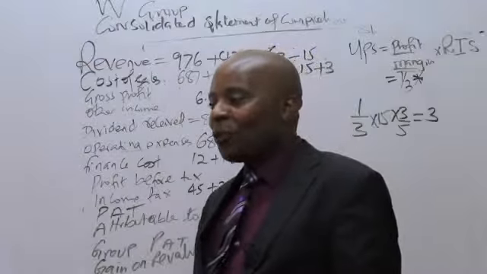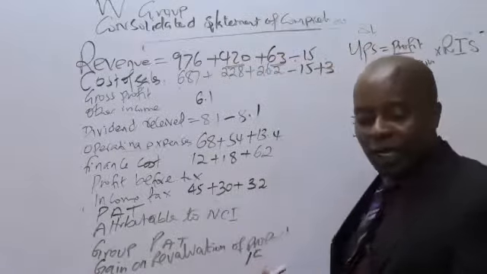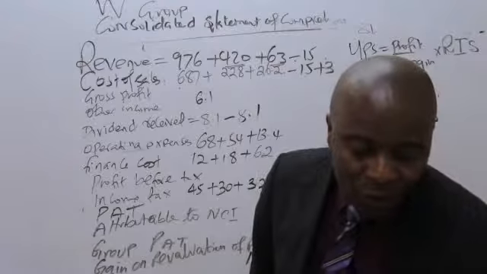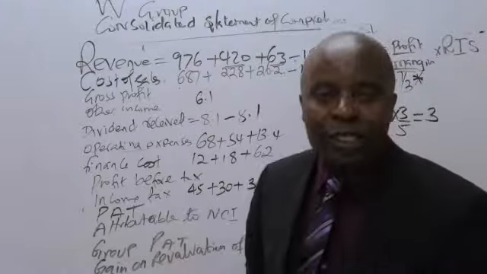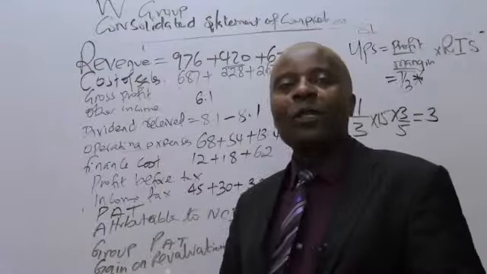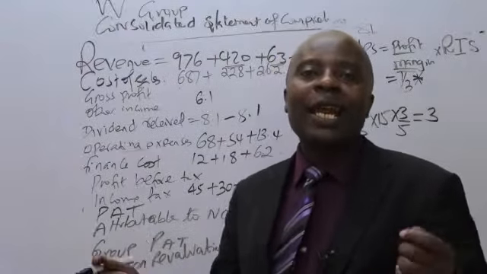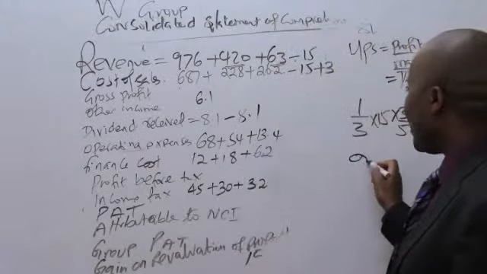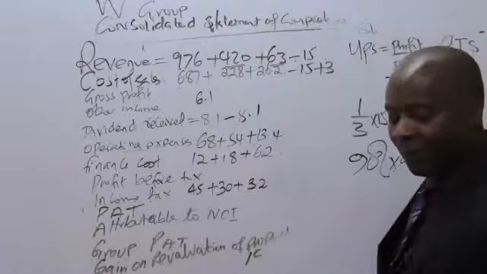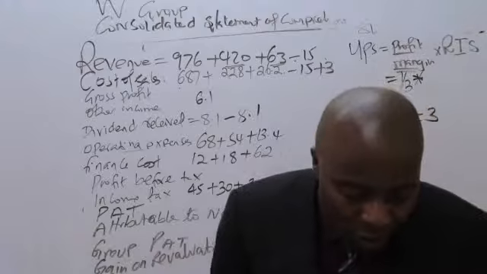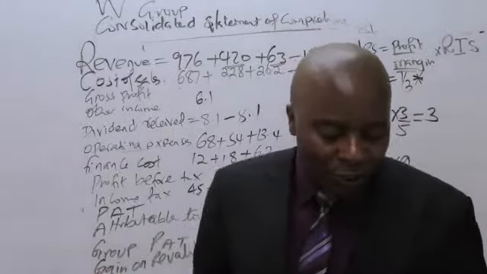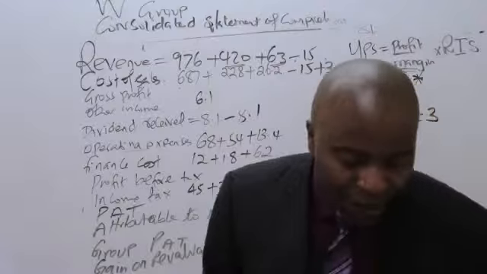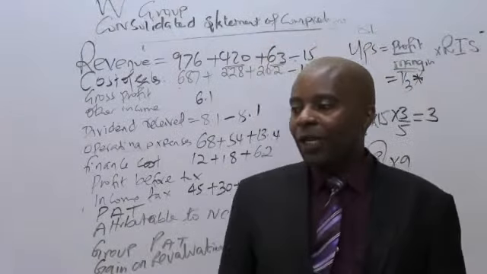How did I get 8.1? Very easy. You know F. Look at note number 3. W Limited owns 90% of the equity shares of F. And whatever dividend F declares, W will be getting 90%. So 90% of the 9. Remember, we are told in note number 5 that F declared an interim dividend of 9 million.